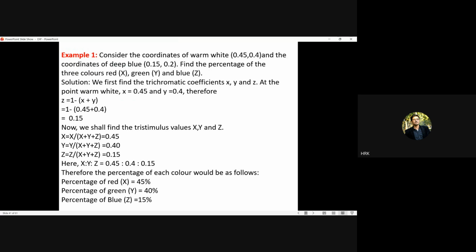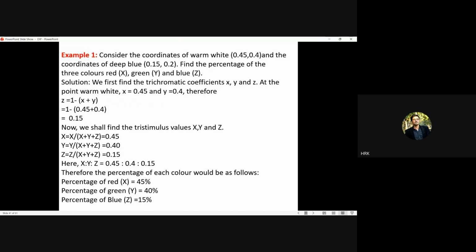So why are the coordinates of deep blue given in this? Now, in the question it is given that deep blue color is 0.15, 0.2 in a particular color. In a particular color, the warm white and deep blue are given.